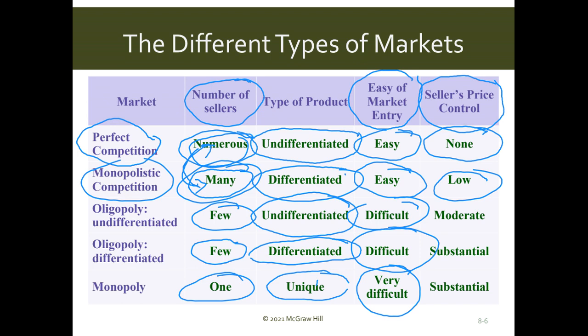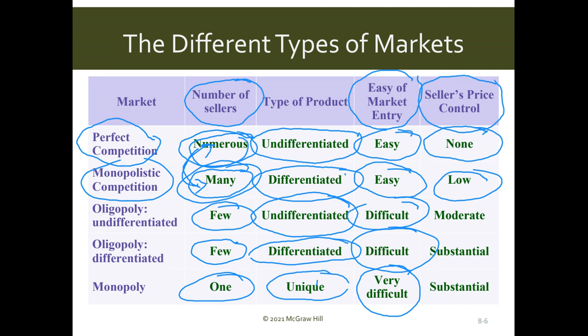We serve fresh foods. Our seats are more comfortable. Our services are better than the other restaurants. Because products are slightly differentiated. You're not going to have the exact same menu in different restaurants. So because of this differentiation, producers, that is restaurant owners, have slight power to charge higher prices.